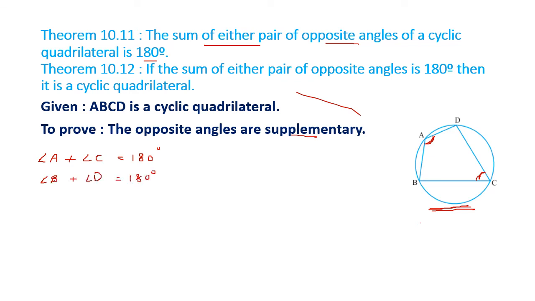So we have to prove that if the quadrilateral is cyclic, means all the 4 points lie on the circle, then angle A and C are supplementary and angle B and D, the opposite angles, are supplementary. Can you think of a method to prove this? Do you have a method to prove this?